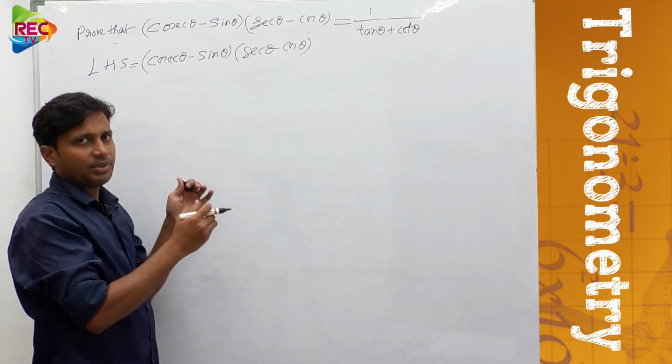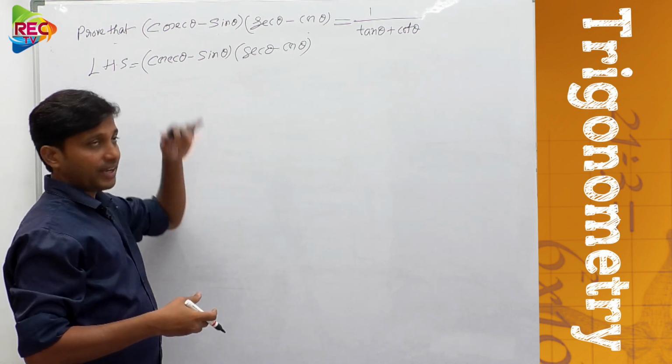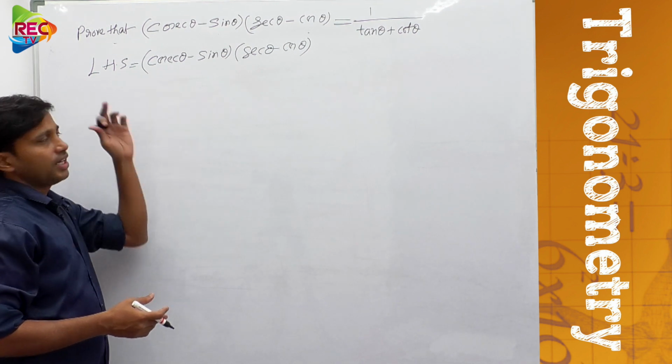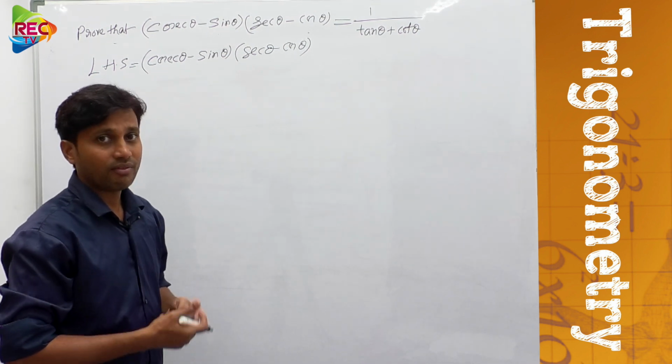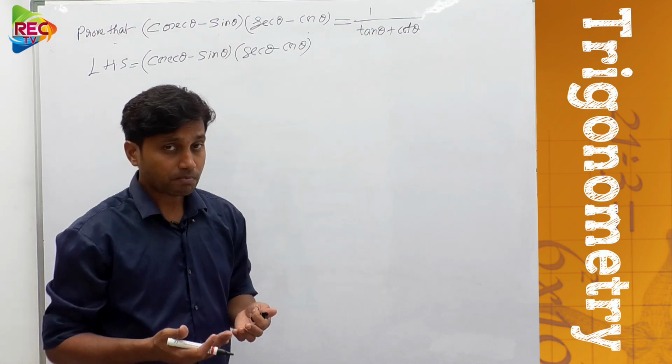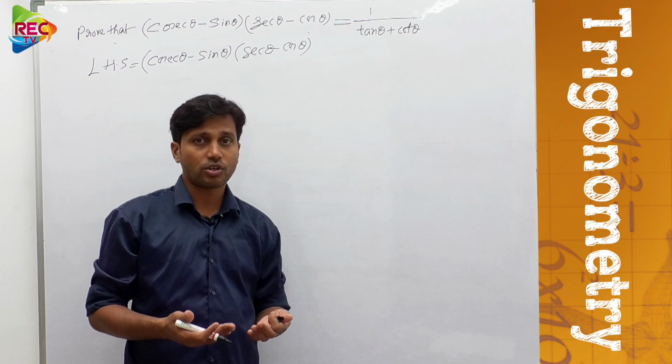Now reduce it. Reduce it means simplify it. How do you simplify? The best thing is put cosecant theta equal to 1 by sin theta, because cosecant theta and sin theta are reciprocals of each other.